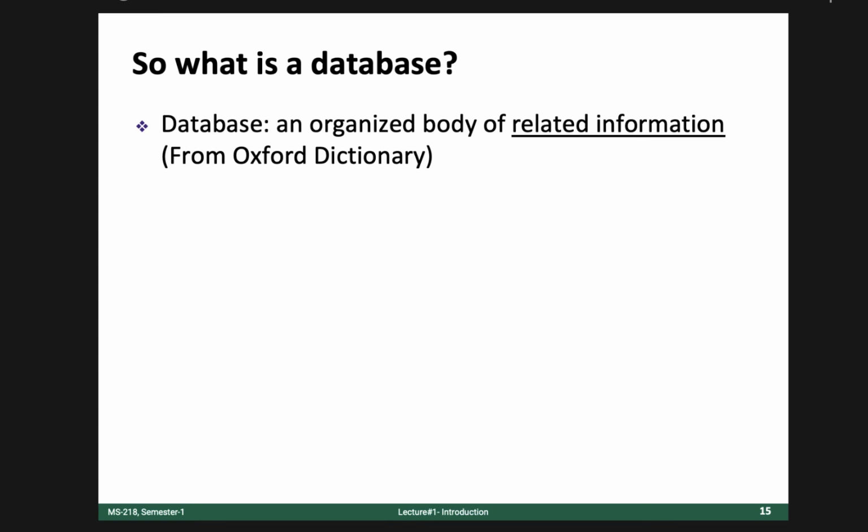So this is very important, related information. Every database should have all the information related to each other. Maybe some other university needs other information, but that information is not needed or related at NUIG.